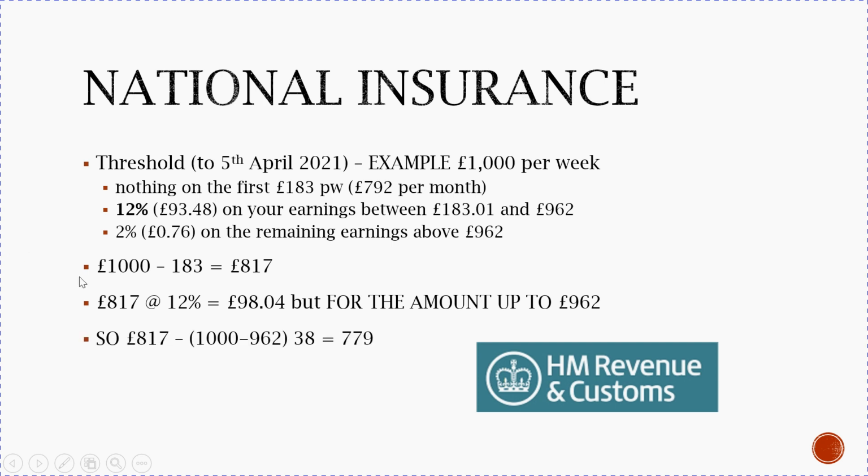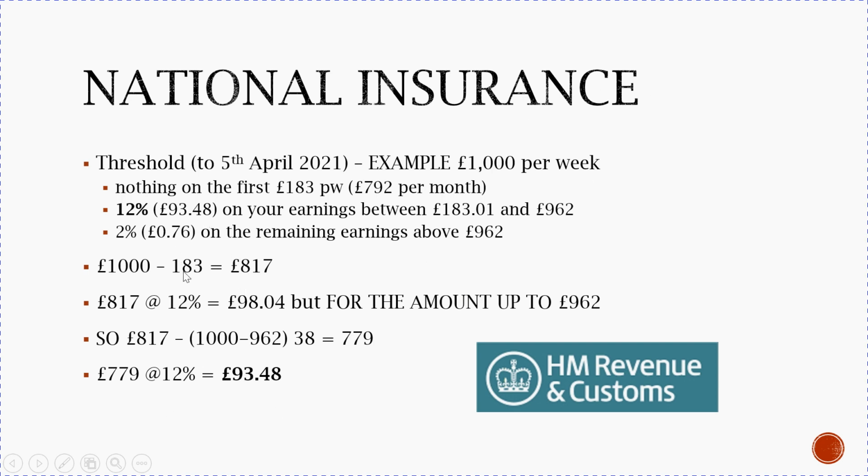So therefore, 1,000 minus 962 is 38. So your 817 minus 38, it's 779. You may have to pause this, get your calculator out so that you can follow along with me. So £779 worth of your £1,000 a week would be at 12%.